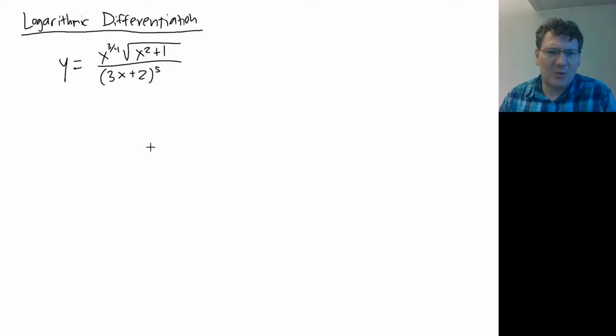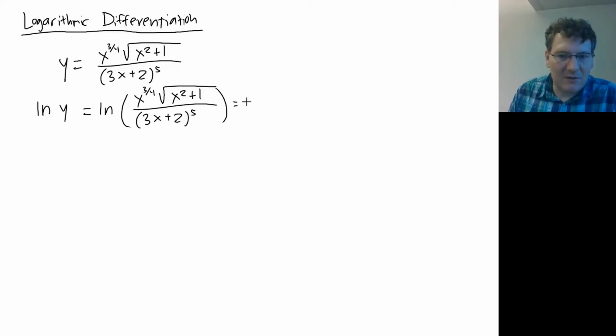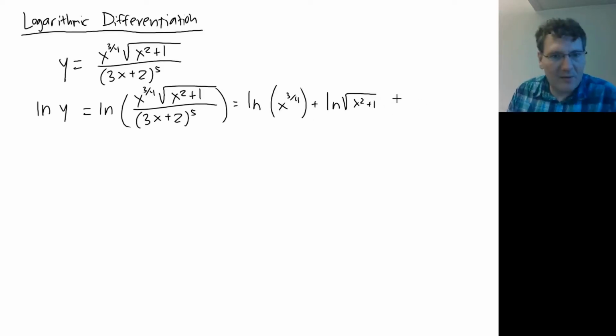All right, so what I'm going to do is use implicit differentiation, and first start by taking the natural log of y and setting that equal to the natural log of this thing. I'm going to use properties of logarithms. I can write this as the natural log of x to the 3/4 plus the natural log of the square root of x squared plus 1 minus the natural log of 3x plus 2 to the 5th.